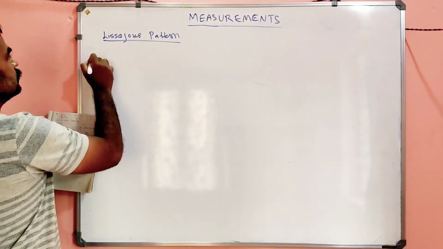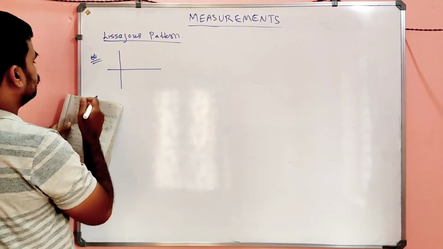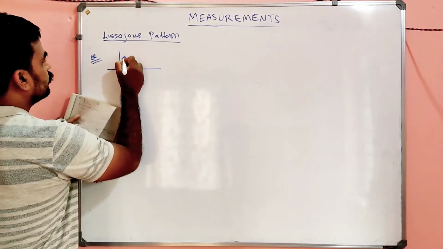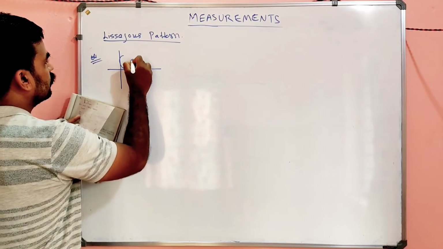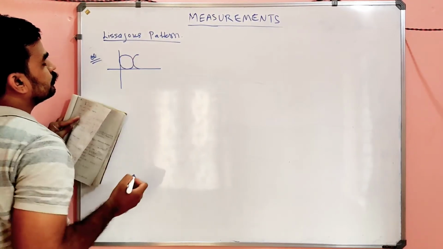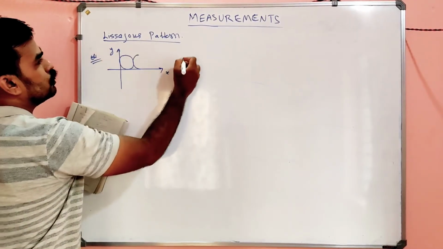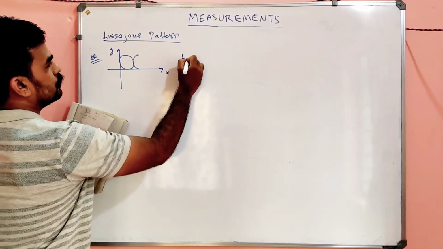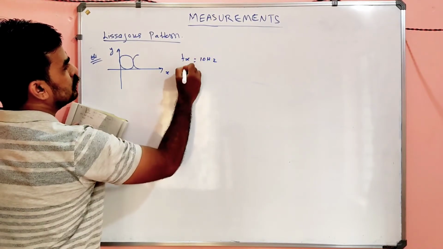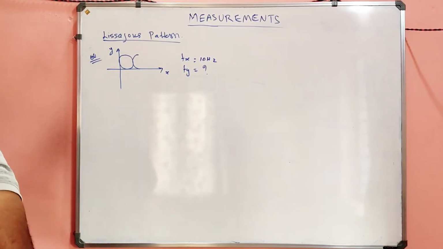Suppose you are seeing this Lissajous pattern, and fx equal to 10 hertz, what will fy be? This is our question.